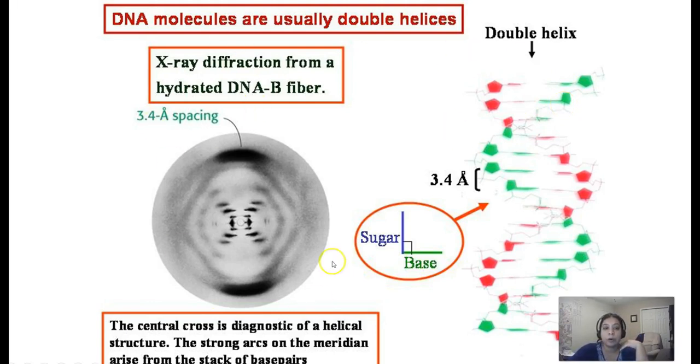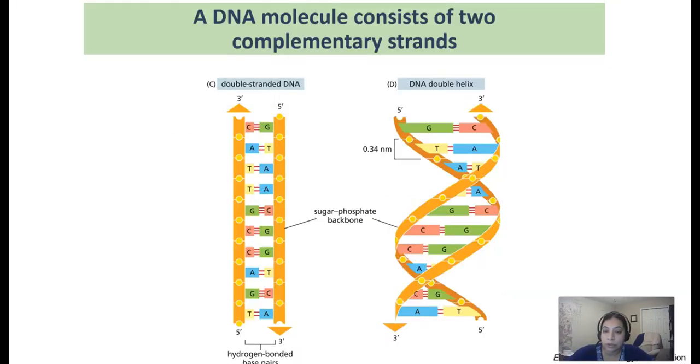And they knew from the X-ray crystallography image, they were able to measure the distance between two of these backbone sugar base structures, and they were able to see this 3.4 angstrom distance spacing between the two sugar molecules, which is maintained in this case. And your bases are at 90 degrees from that sugar molecule.